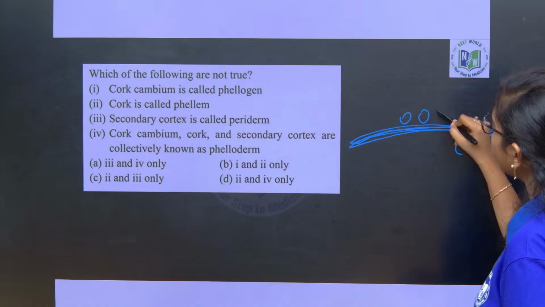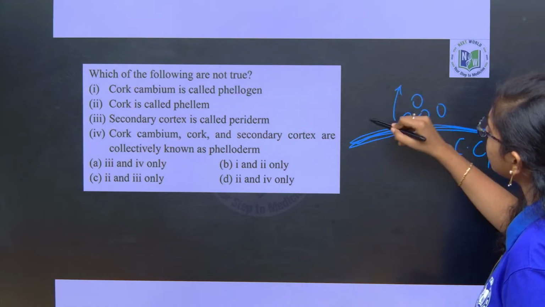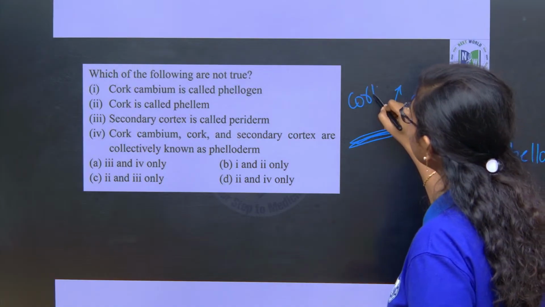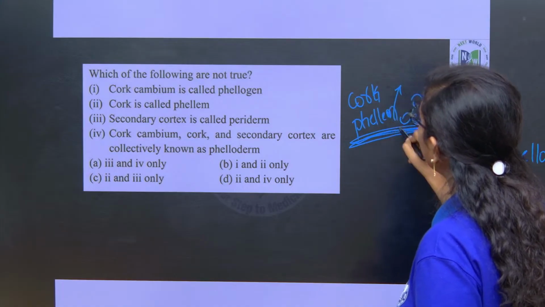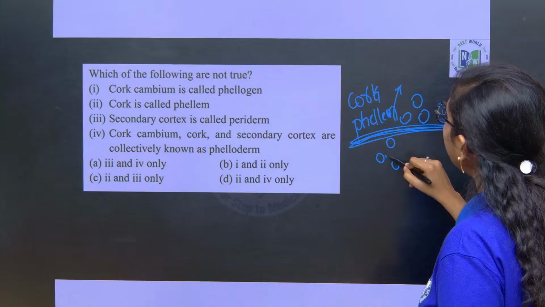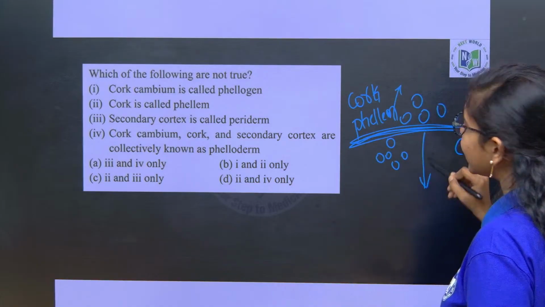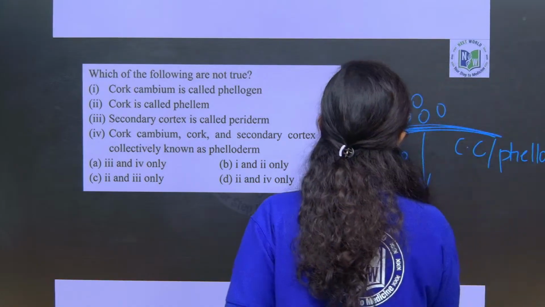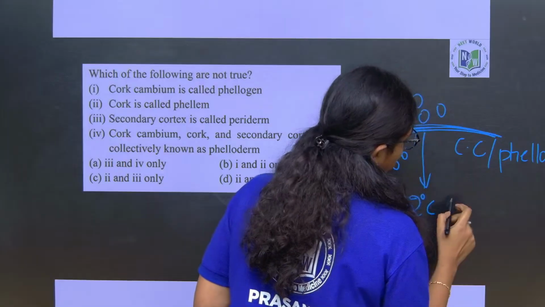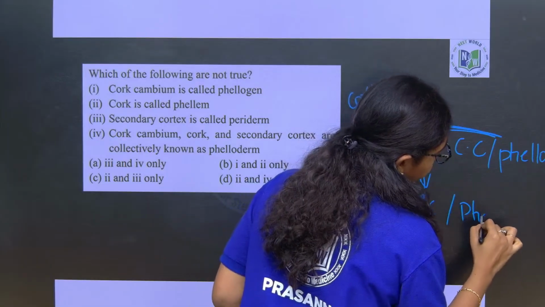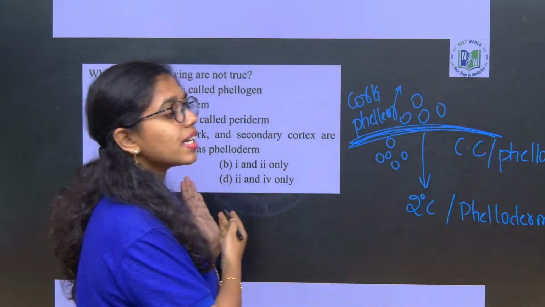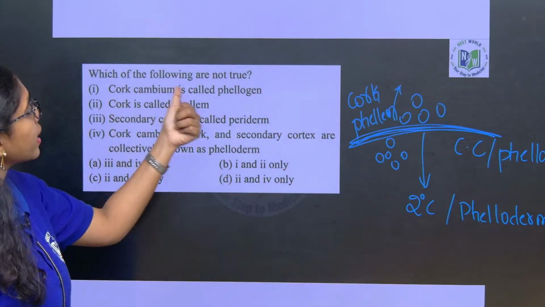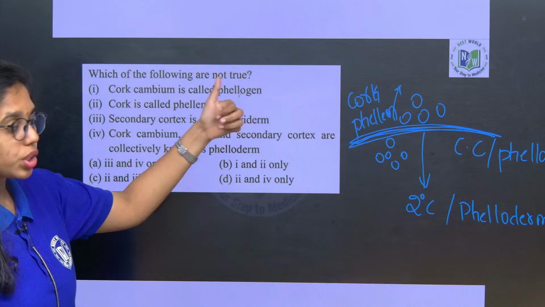New cells which are formed towards the epidermis are called cork cells or phellum. Those cells which are formed towards the endodermis are called secondary cortex or phelloderm. Now, you answer this easily. Cork cambium is also called as phellogen, correct.